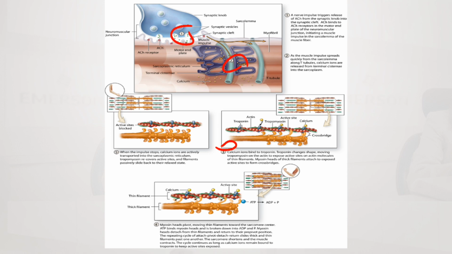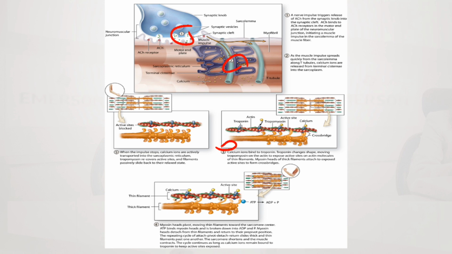So the myosin heads now pivot, moving thin filaments toward the sarcomere center, and the ATP which binds myosin heads is then broken down into ADP and P. Then the myosin heads detach from thin filaments and return to their pre-pivot position.